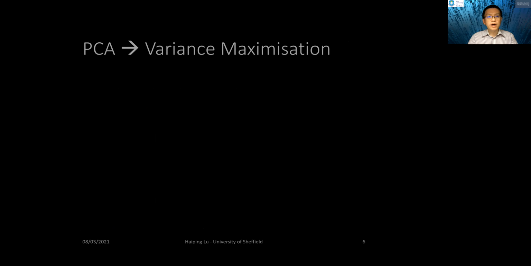We have learned that PCA is a classical method for dimensionality reduction. It works by maximizing the variance captured in the transformed subspace. The input to PCA is unlabeled data. For example, we have n data points, and each of them is d-dimensional.